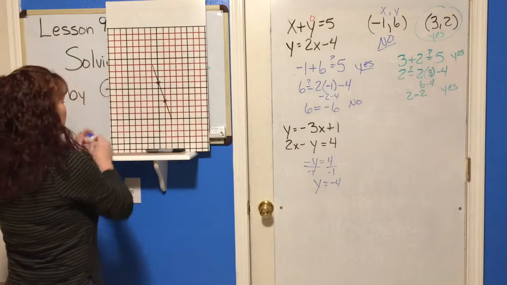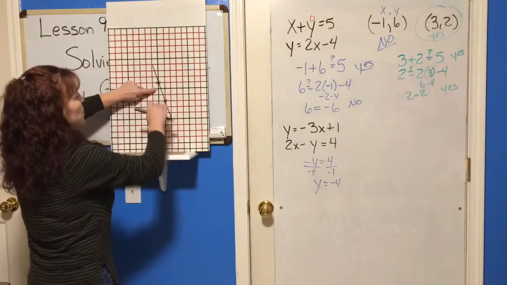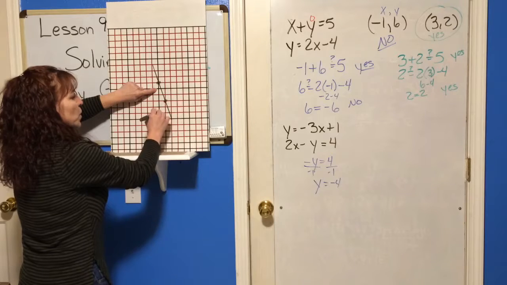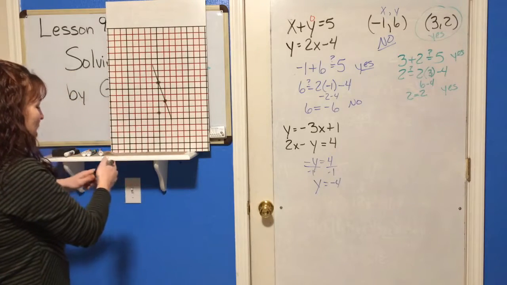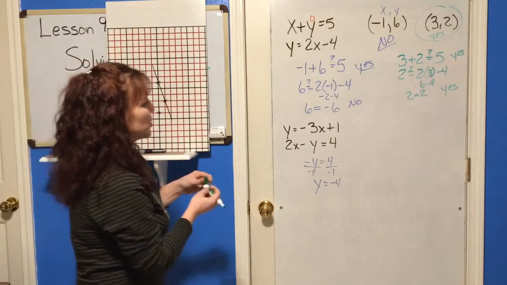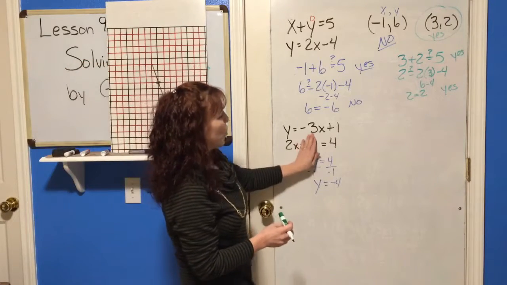Did you see what I did there? So y is -4, so there's my origin, 1, 2, 3, 4. So there's 1 point.